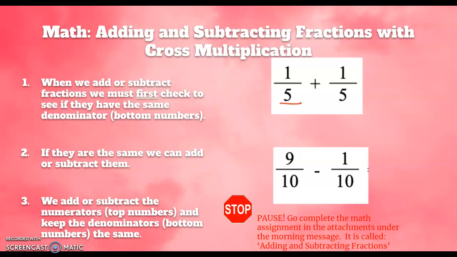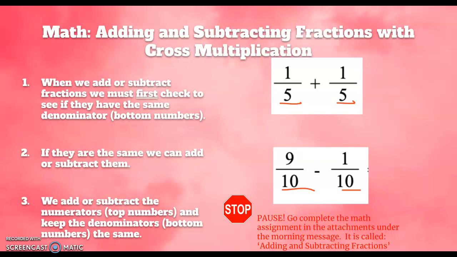So you can see in our 2 examples here, I have 1/5 plus 1/5. They do have the same denominators. And in my subtraction problem down here, 9/10 minus 1/10, they also have the same denominators. If they have the same denominators, then you can just add them and subtract them. You don't have any other steps. I love when this happens, but it doesn't happen very often.